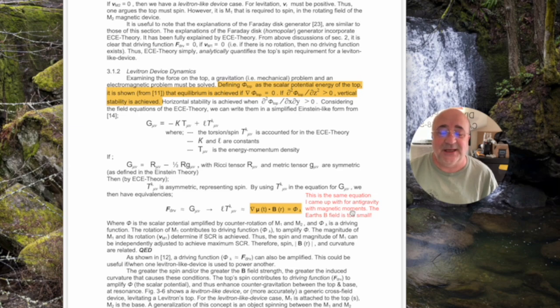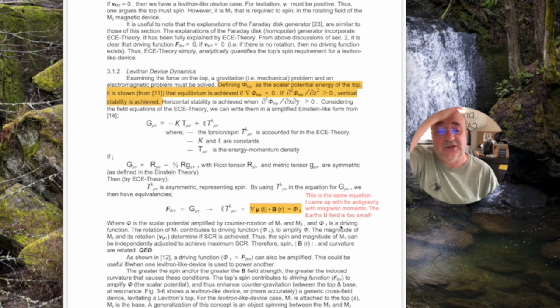So it's not a useful thing in that sense because it has to be enclosed. But what he's saying here is the gradient in this potential energy, and then he calls it phi, where he's calling phi a potential, but this is not a potential anymore. This is a force. The gradient of mu dot B is a force, not a potential.